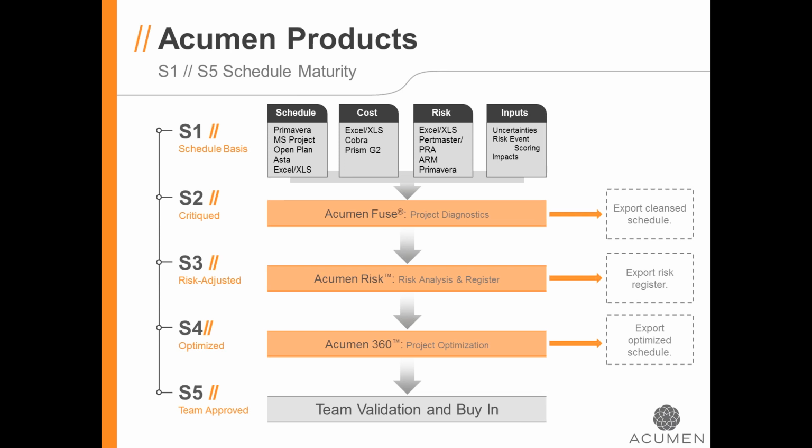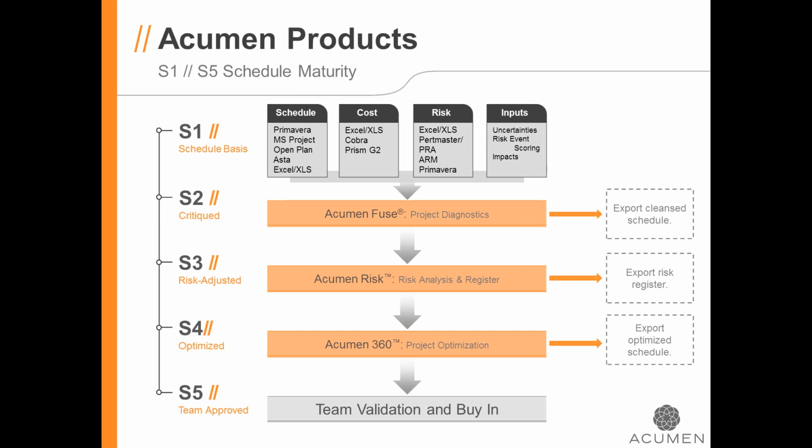It also has the ability not only to observe your schedule, but to cleanse your schedule in certain areas as well to increase its quality. S3 incorporates the use of a risk-adjusted schedule. With Acumen Risk, we support both probabilistic and deterministic risk, and we support the risk driver process.